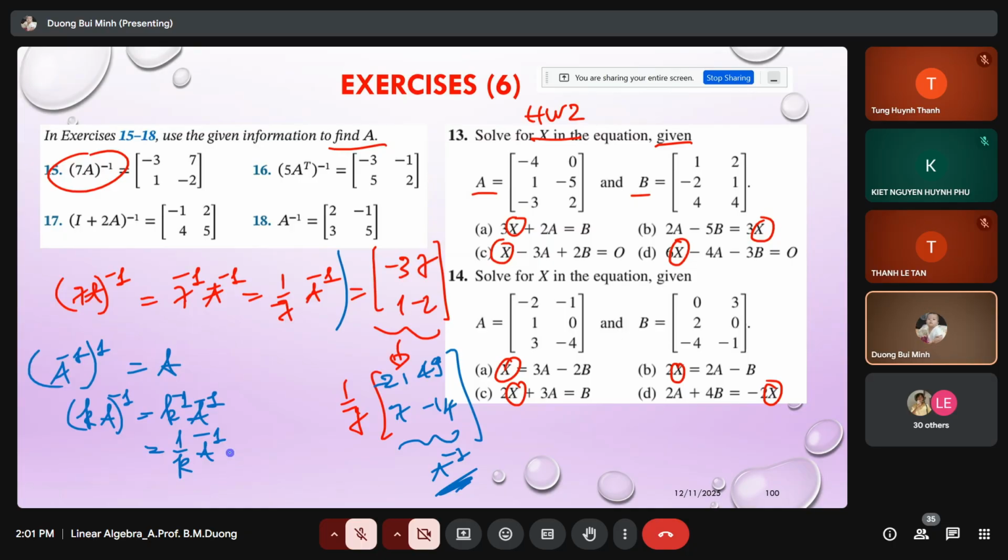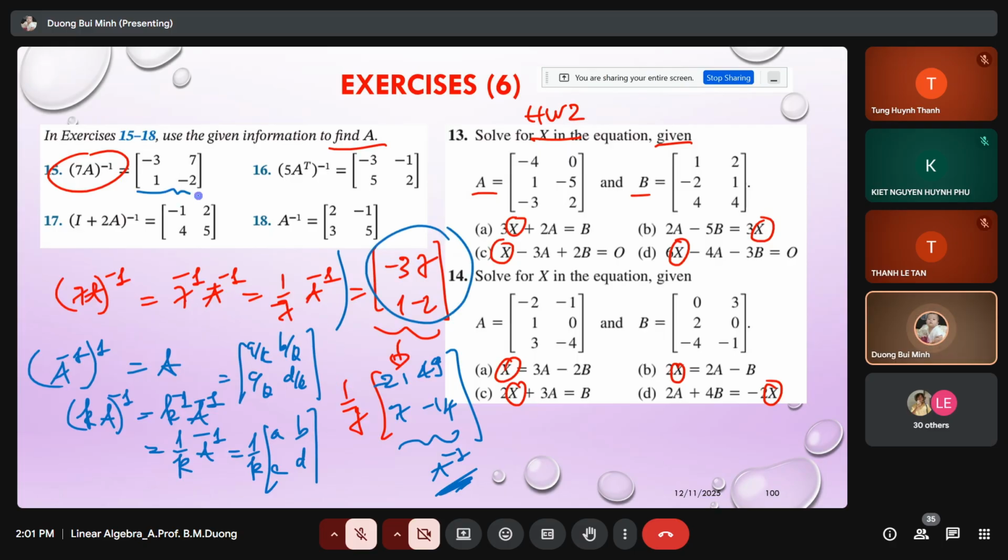Or if I assume A we have A, B, C, D, that means you can get A over K, B over K, C over K, D over K. So here this is the result: minus 3, 7, 1, minus 2.